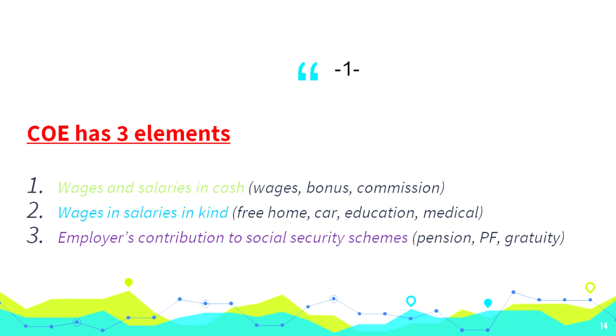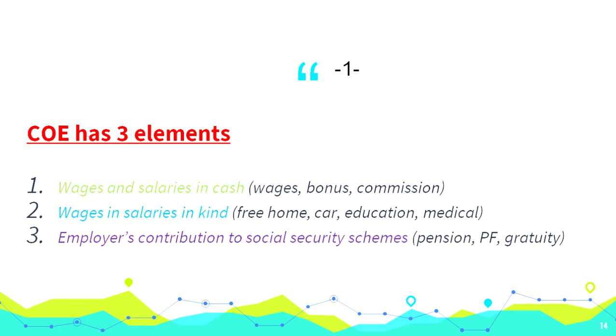Number 1, wages and salaries in cash, that is monetary benefit. So it can be salary given by employer to employees, wages, bonus, commission, dearness allowances. All these are monetary benefits given by employer.